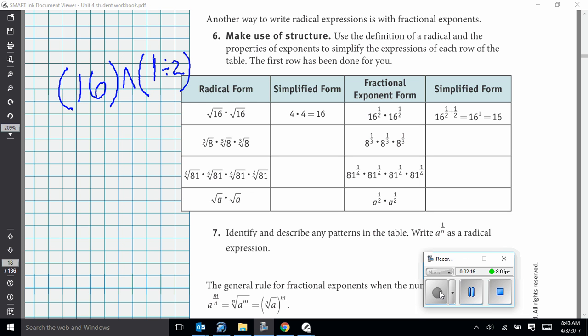Alright, so here we have the cube root of 8. So cube root means how many on the inside? 3. 3 on the inside makes 1 on the outside. So 8. What's our factorization of that? 2 times 4, and then 4 is 2 times 2.